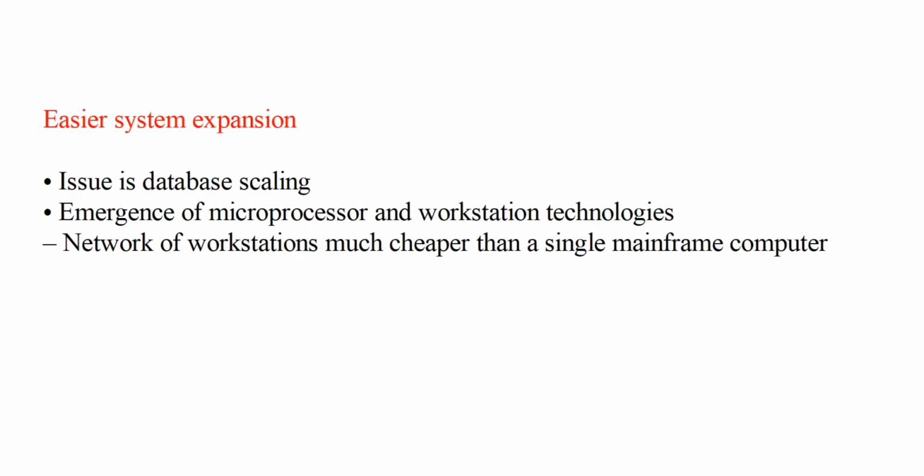So, easier system expansion. How is the system expansion easier? If we have a centralized database, we have an issue in scaling it, because we will have a single network, and a single machine or multiple machines at a single site, which will put the load on the network and on the single CPU.